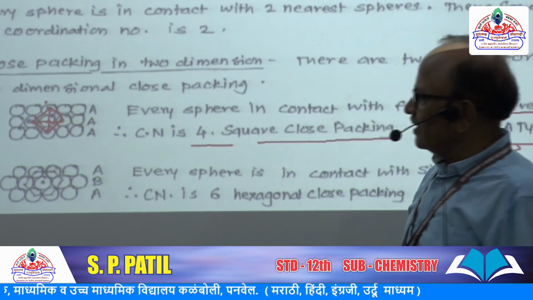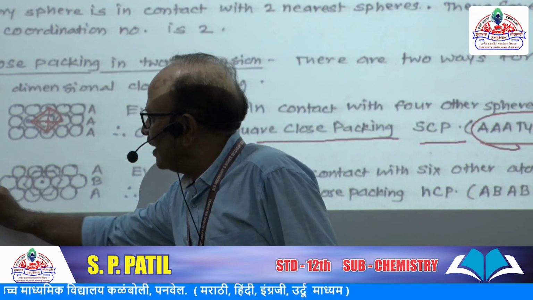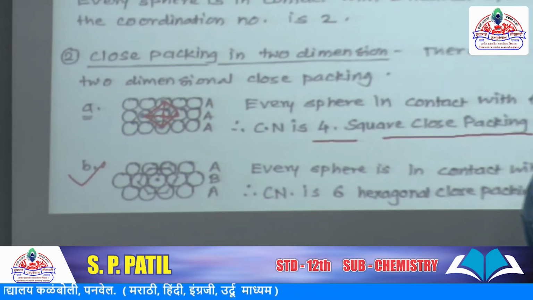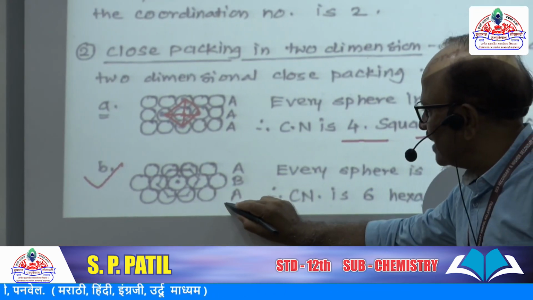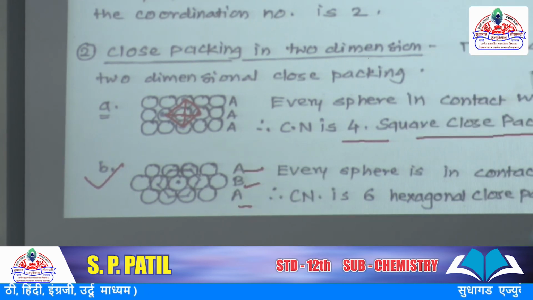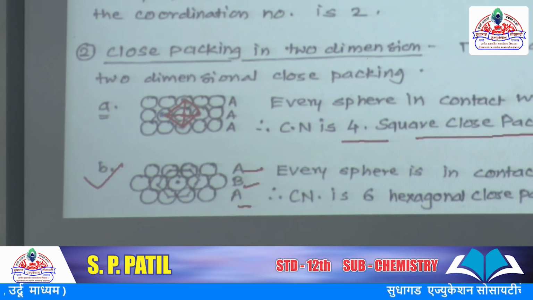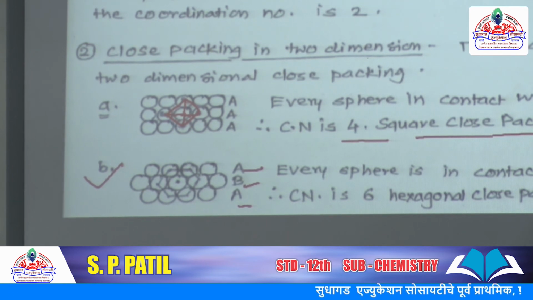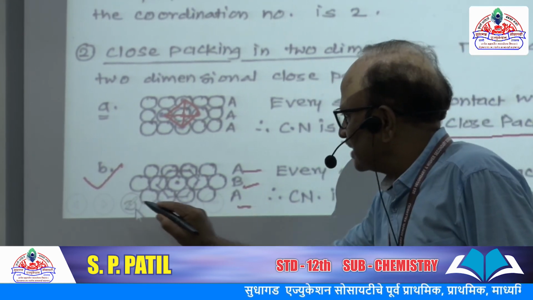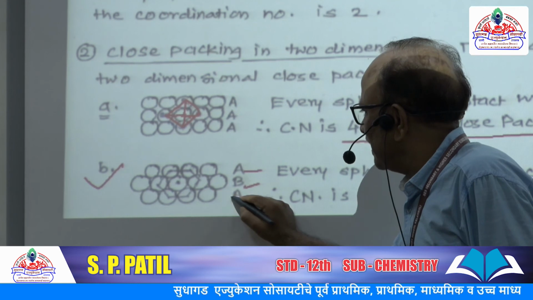Okay, and another way of arrangement is B. So this arrangement is called ABA type of arrangement. What is this ABA type of arrangement? See, the first layer A is placed here.